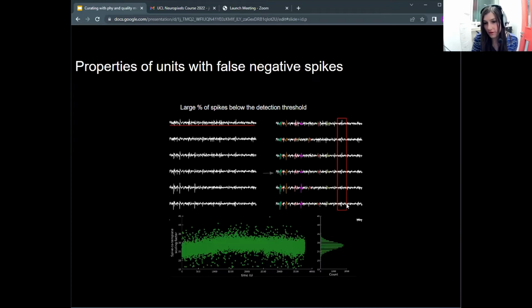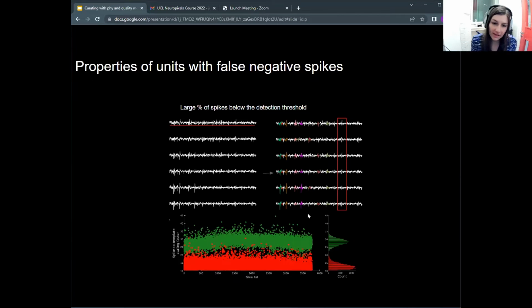In contrast, for another unit, you might have something that looks more like this, where it really seems like there's a cutoff here. Some of the higher amplitude spikes of that unit are being detected, but a large fraction of the lower amplitude spikes are completely being missed.